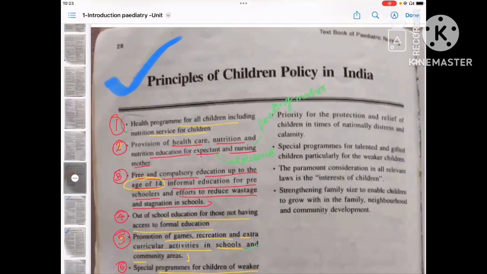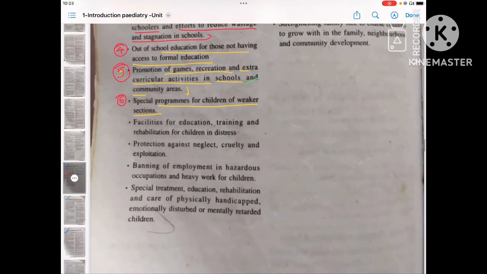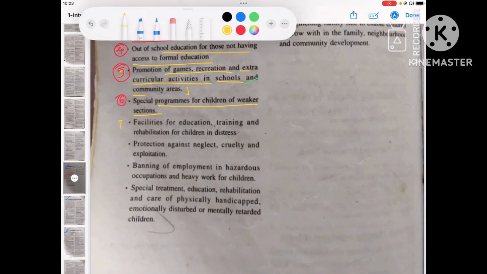And the seventh principle is facilities for education, training and rehabilitation for children in distress. What is the meaning?